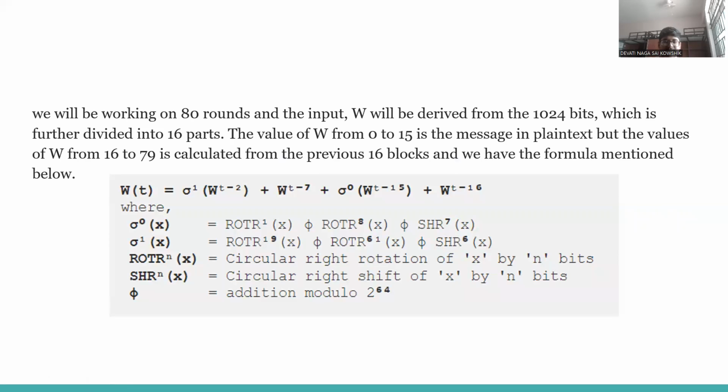First, we can easily calculate W0 to W15 by using the above mentioned formula. But for W16 to W79, we'll calculate these values by using W0 to W15, and there will be several combinations.